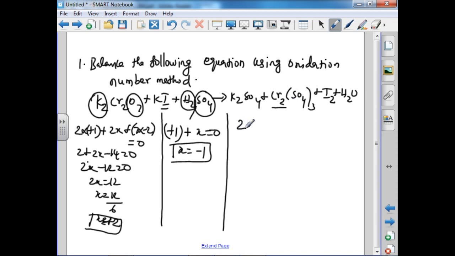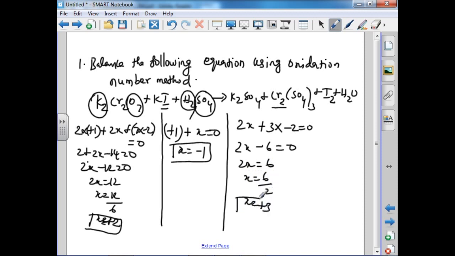Chromium as X, 2 atoms, so 2X, plus sulfate oxidation number minus 2, with 3 sulfate groups, so 3 into minus 2, for a neutral molecule. 2X minus 6 equals 0, 2X equals plus 6, X equals 6 divided by 2, X equals plus 3. The iodine is in its elementary state, so 0.